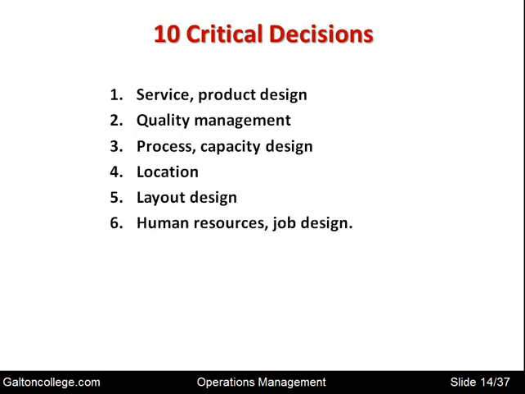Human resources are critical in any business, and it's important that there is clear job design that's clearly understood by the workers, by the line managers, by the departmental managers, so that everyone knows what their tasks are and can then get on with their work, get on with achieving those tasks.